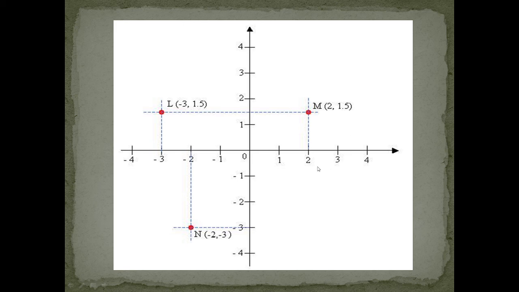Okay, next one. This is the location of the point, how to locate the point. This is very, very important for this whole chapter. So see, (2, 1.5). 1.5 lies between 1 and 2. You can check on your graph paper also.